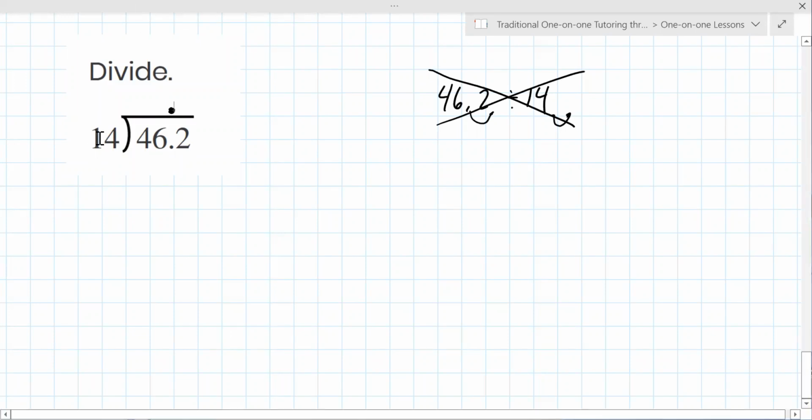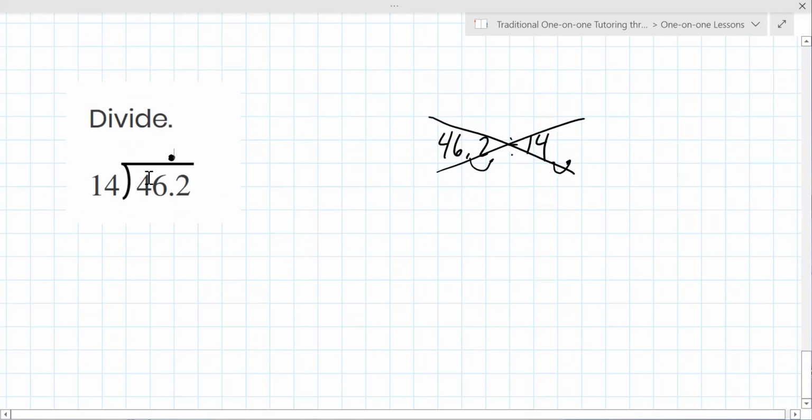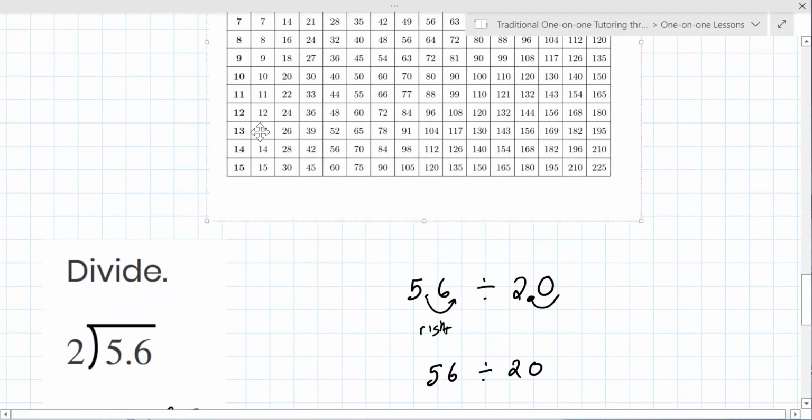So it's like, how many times does 14 go into 4? 14 is bigger than 4, so it does not go into 4. But does it go into 46? Now this one is in your multiplication table.